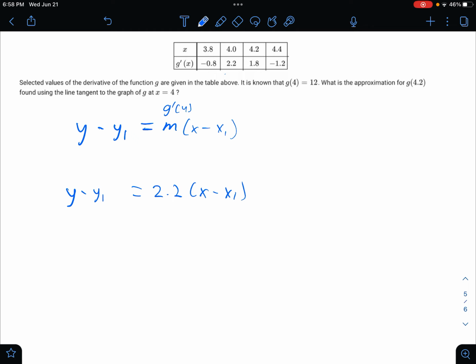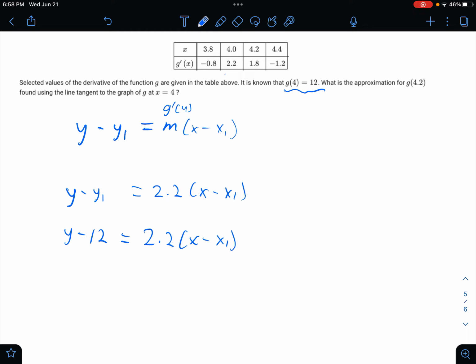So now that we have that, let's look for our y value. As we mentioned before, if you simply plug in, in this case the 4, right into the equation, that is our y value. And since it's already given up here, where it says g of 4 is equal to 12, that means that our y value is 12. So that's y minus 12 equal to 2.2 times x minus x1.